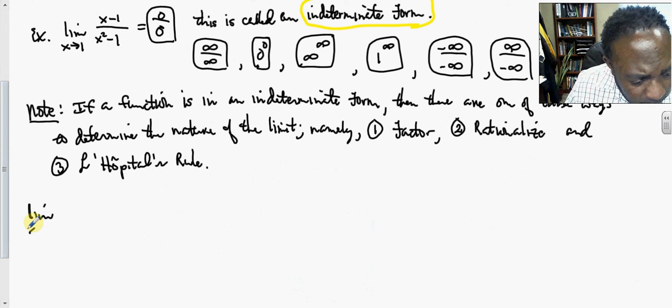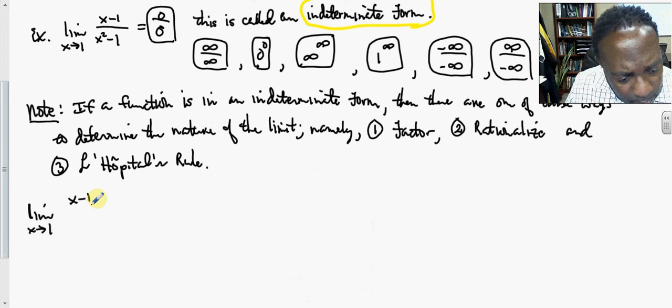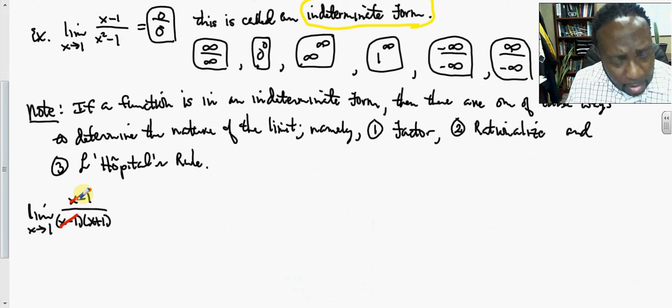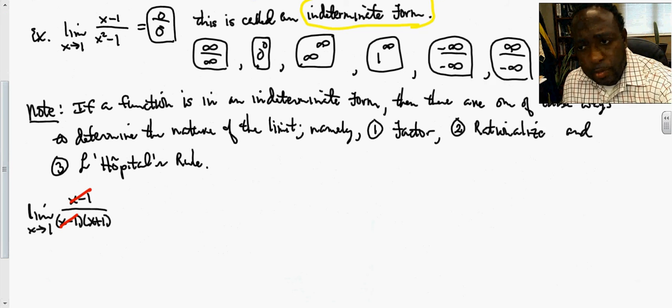So this is the limit as x approaches 1. This is x minus 1. And then down below we have x minus 1 times x plus 1. But notice that you can cancel out the x minus 1.